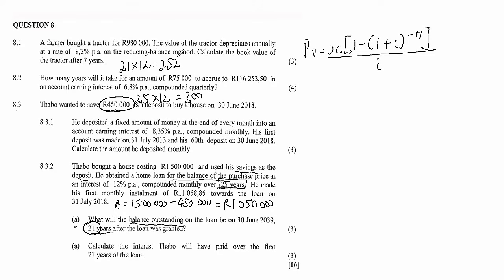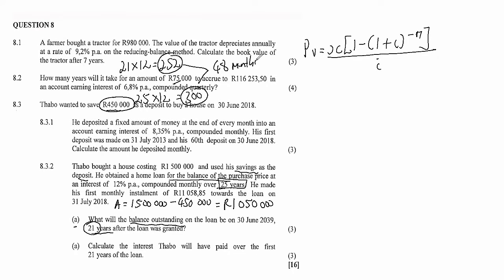Now, if he has already made 252 payments, but all in all we need 300 payments to be made in order for the loan to be paid off completely, then how many more payments does he have to cover? So that's 300 minus 252, and that's how we get it: 48 months, right?